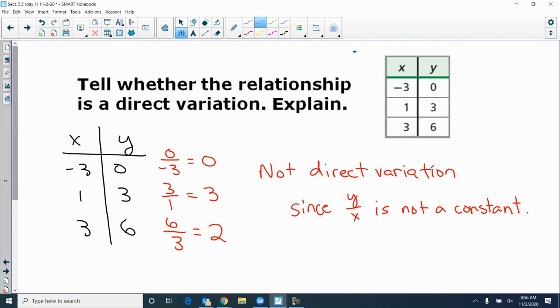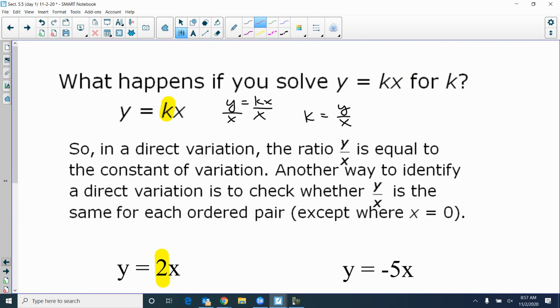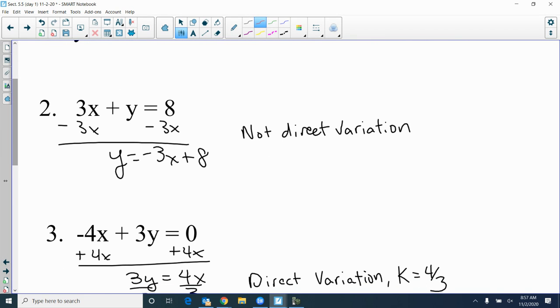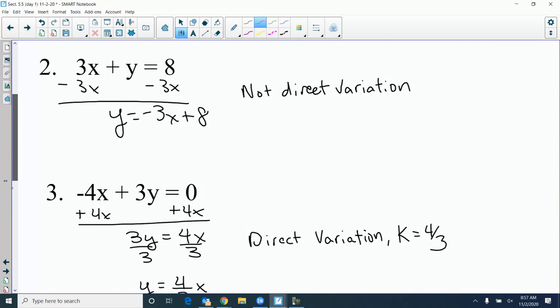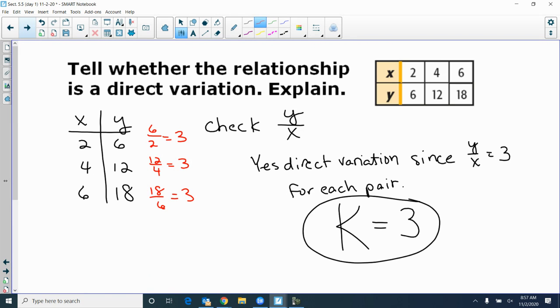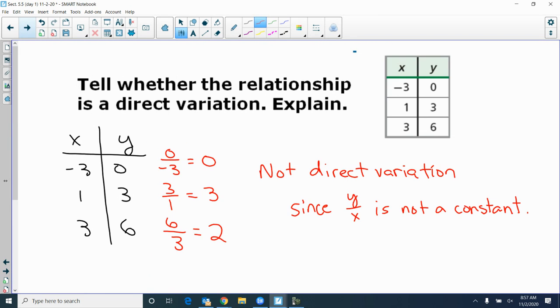So that's what you're looking for in a table. If you're just given an equation, which I think is a little bit easier, you get y by itself, and then you test it. Is it just a number times the x? If it's plus or minus anything, it's not. If you're given a table, you have to divide. And you got to show me those values.